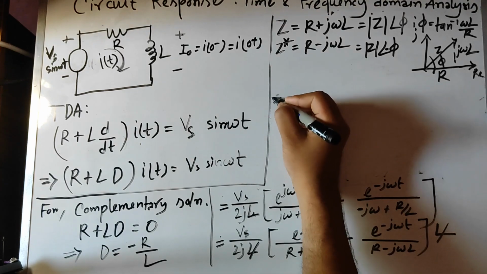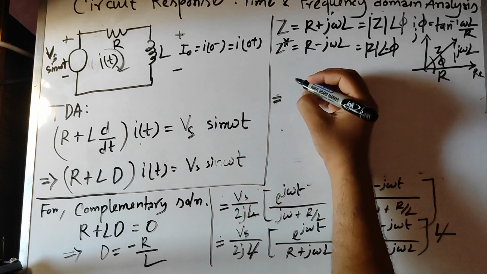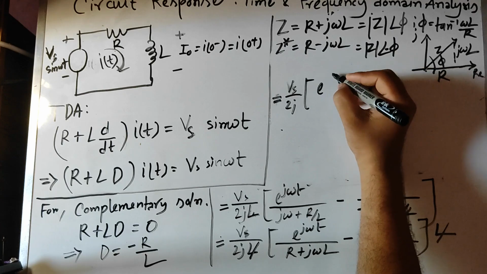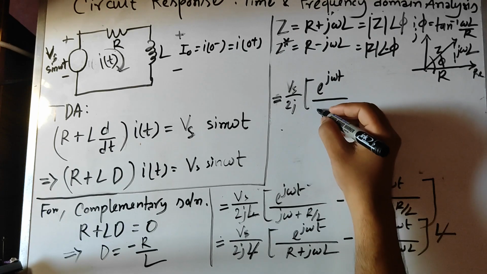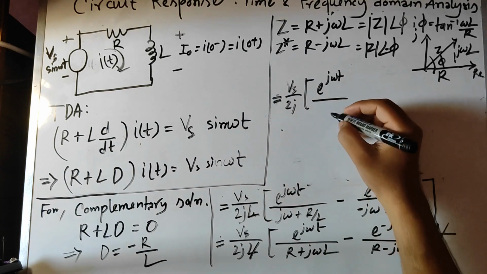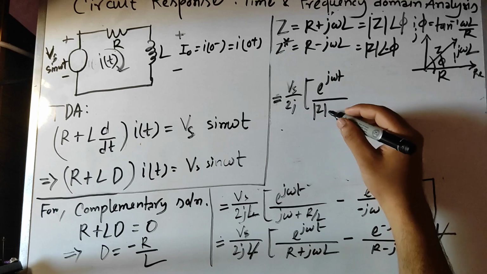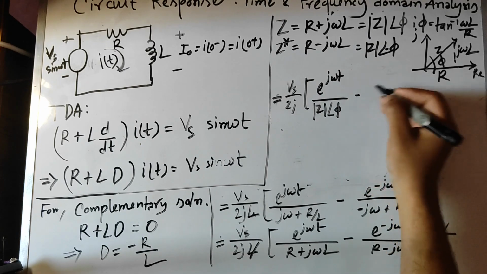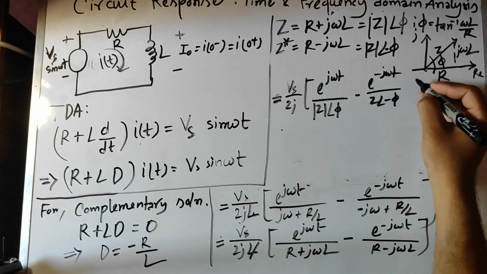Now let us write it down. So v is by 2j, e to the power j omega t, by z, where z is R plus j omega L, which can be written as e to the power phi, minus e to the power minus j omega t by z minus phi.